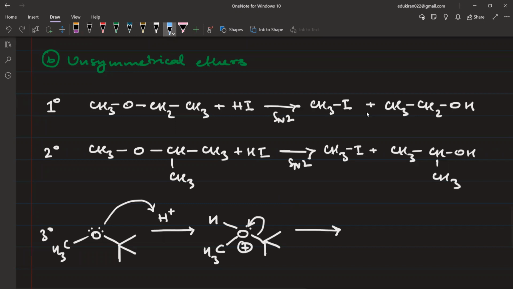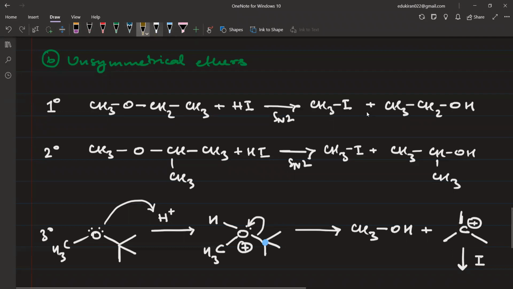So this carbon atom will get a positive charge because the oxygen is taking its bond, and I will be getting CH3OH plus this carbon atom, which has 3 methyl groups attached to it. All of these are methyl groups and a positive charge. Now this carbon atom can be easily attacked by iodine negative because the complete p orbital is there.